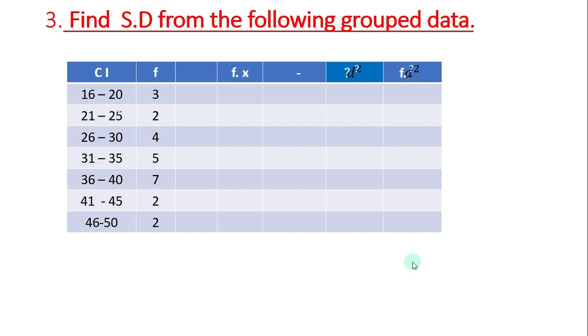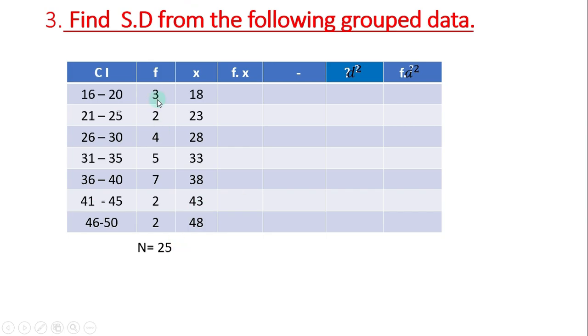First we have to calculate the mean, sigma fx by n. Here x is the midpoint, like 16 plus 20 by 2. So we get 18, 23, 28, 33, 38, 43, 48. These are the midpoints of the class intervals.